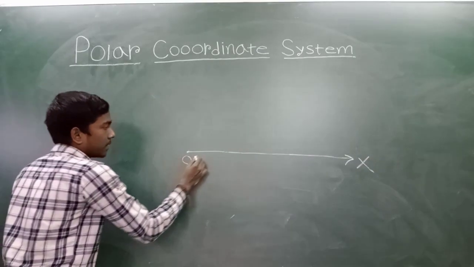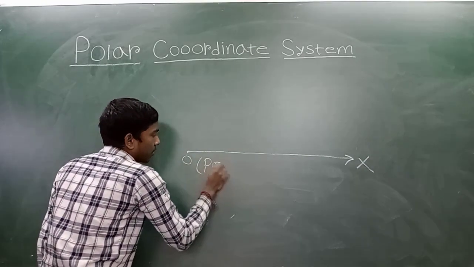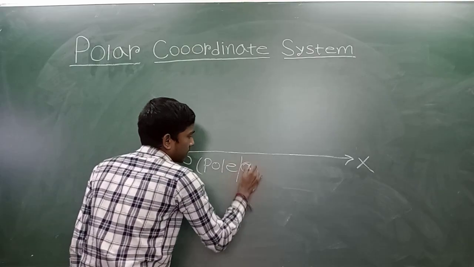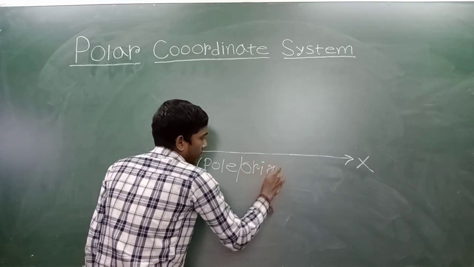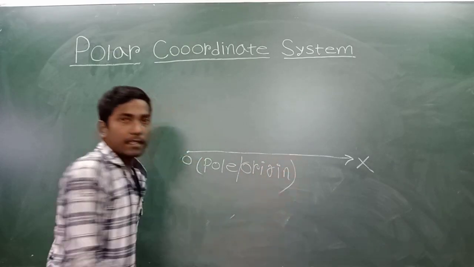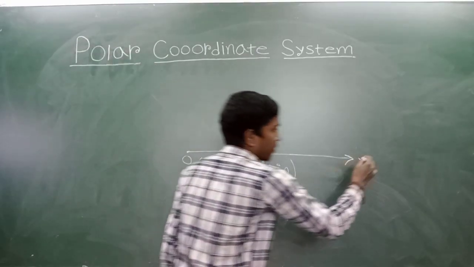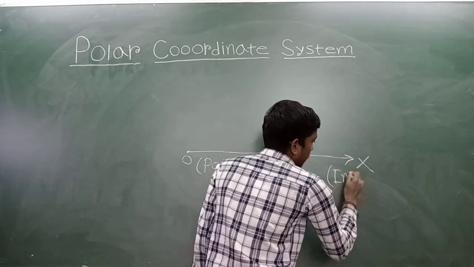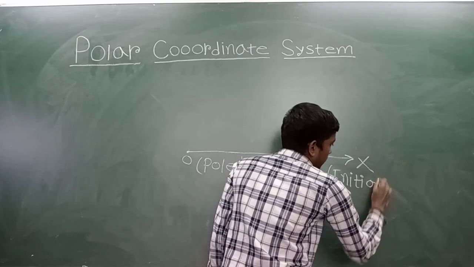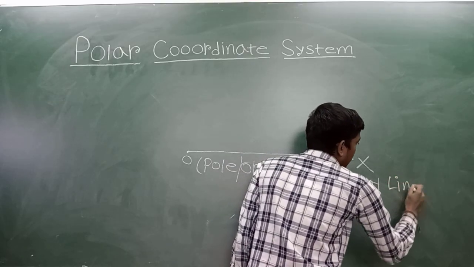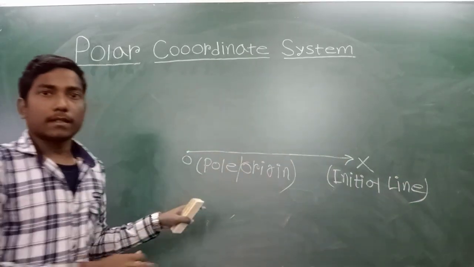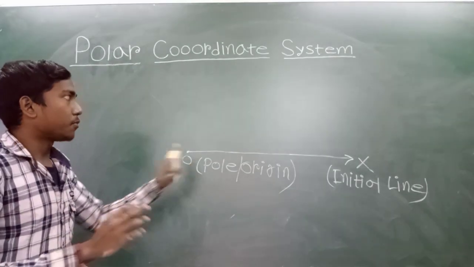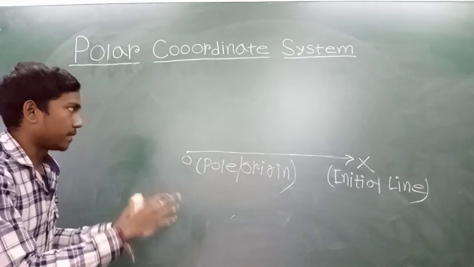This fixed point is called the pole or the origin, and this fixed line OX is called the initial line. With this reference, we can locate the position of any point in this plane.